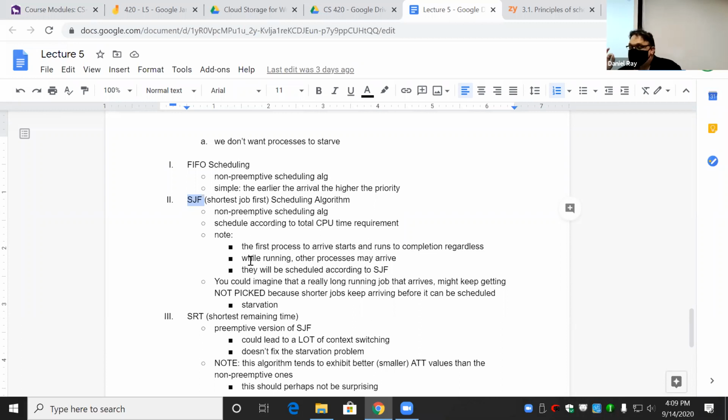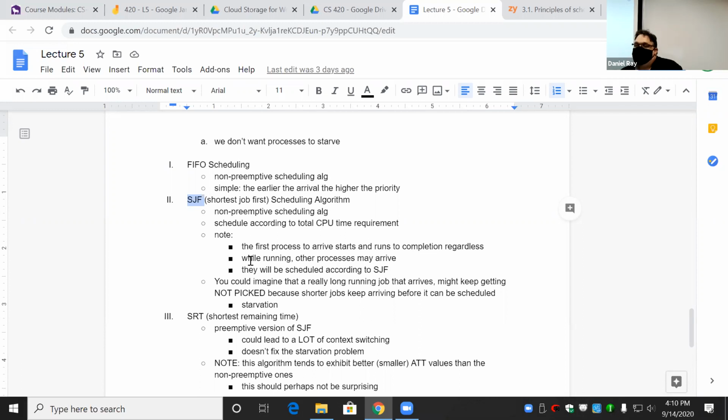That is an oversimplification, though, because that presumes that you know all the jobs that are going to arrive on your system, and you don't. It also leads to a problem that we talked about before that we said we wanted to avoid. Any idea what that is? Starvation. It's on the board, right?